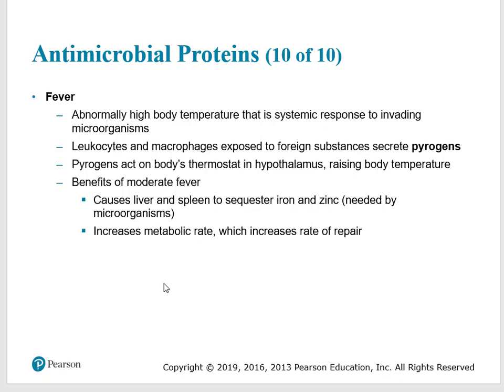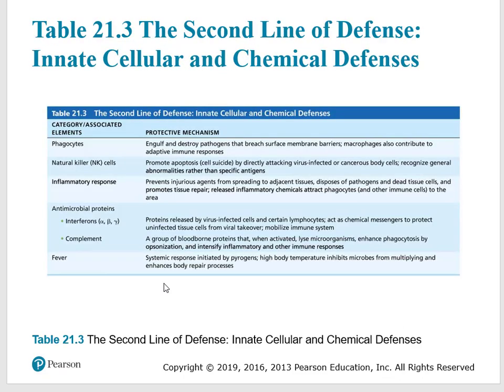The reason why we have to have body temperature increased when you have infection is that it basically increases the metabolic rate and repair rate, and also sequesters zinc and iron needed by microorganisms for their replication process.